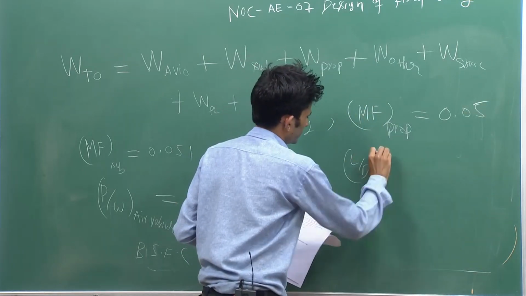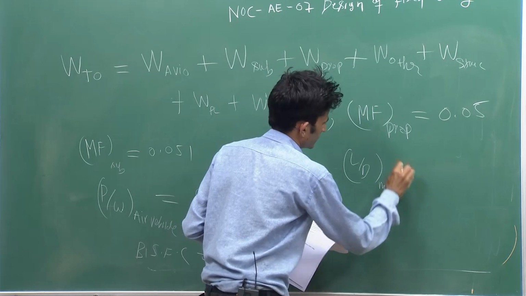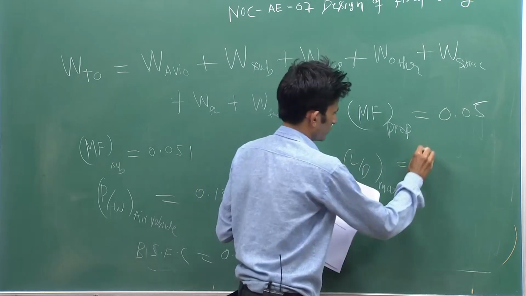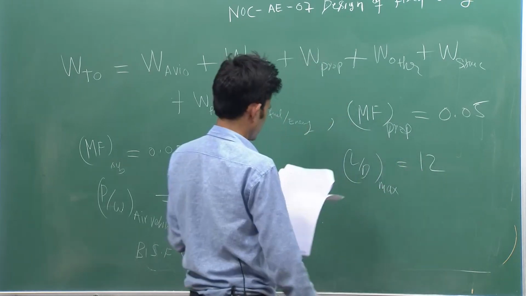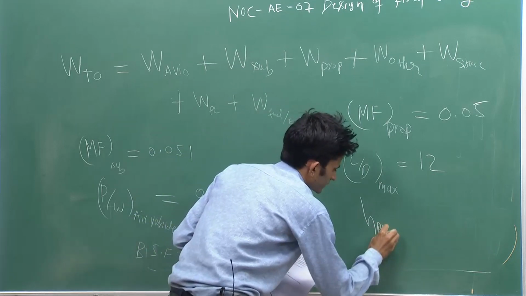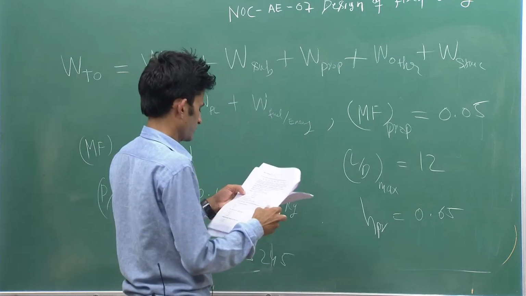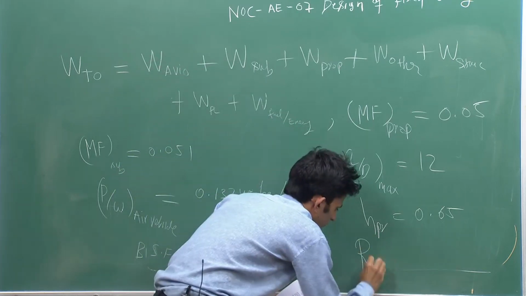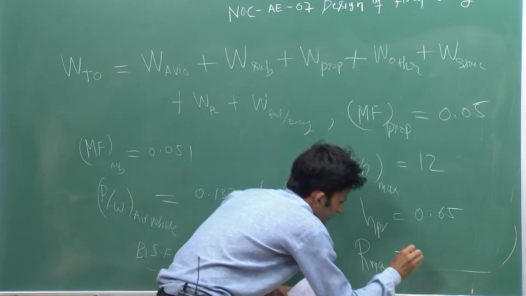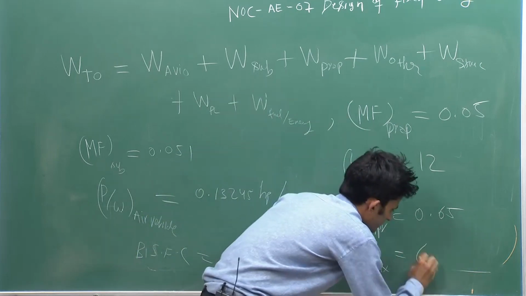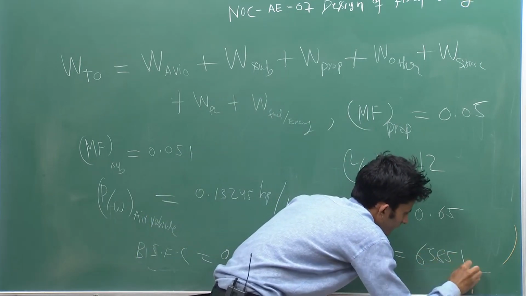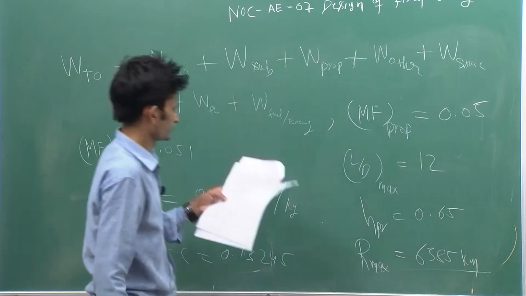L by D max is also given as 12 at cruise condition. Propulsive efficiency is given as 0.65, and maximum range is also given as 6385 kilometer.